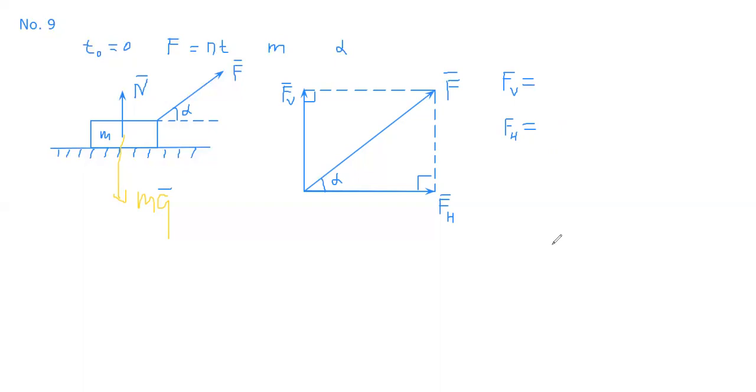We don't need the vector sign above F. So you have written the correct formula, but we don't need this sign above F. Yes, okay, that's correct. I agree.